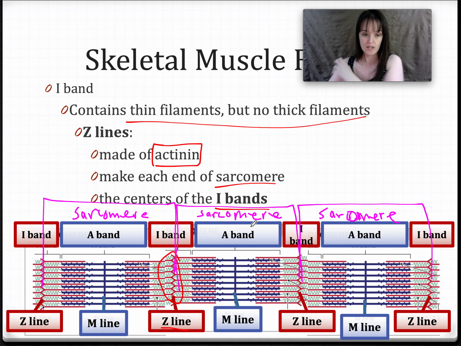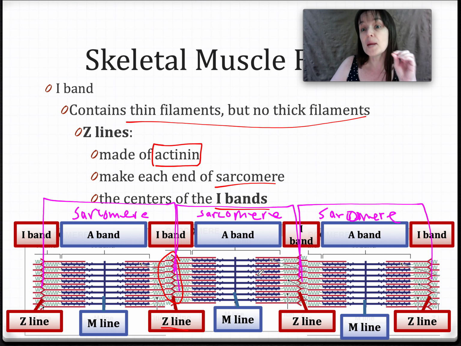So the sarcomeres are stacked together to make a myofilament. So all the sarcomeres together are a myofilament, which is surrounded by sarcoplasmic reticulum. And each sarcomere is made of myofibrils, the red thin filaments and the blue thick filaments.